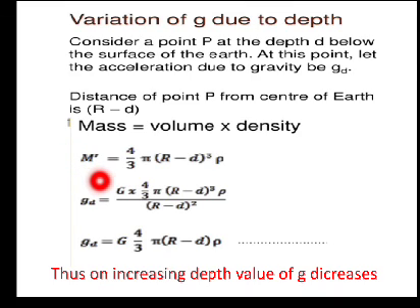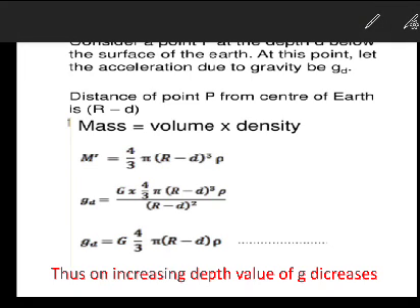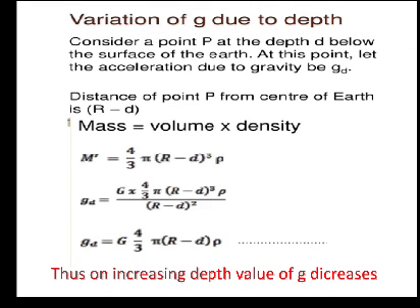Then we get M dash equal to 4 by 3 pi (R minus d) cube into rho. Then by simplifying this, lastly we get the equation gd equal to capital G into 4 by 3 pi (R minus d) into rho. From this equation, with increasing depth, the value of g goes on decreasing.